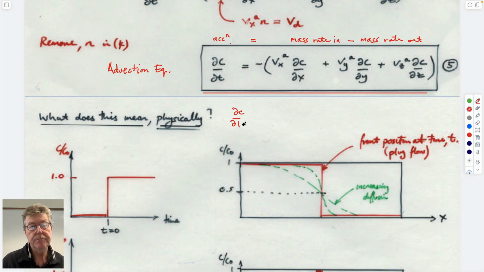Net accumulation is equal to, there should be partials, sorry. Transverse dispersion.